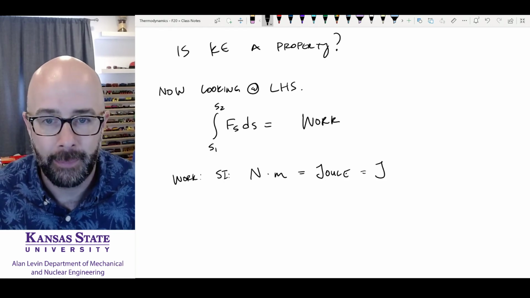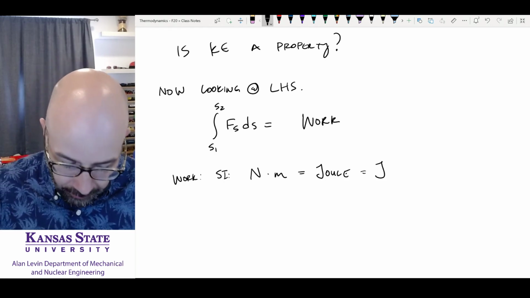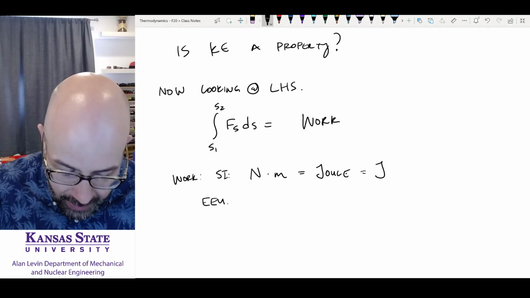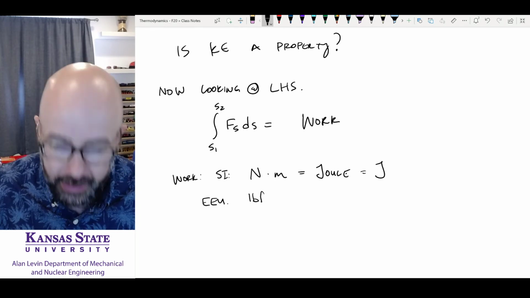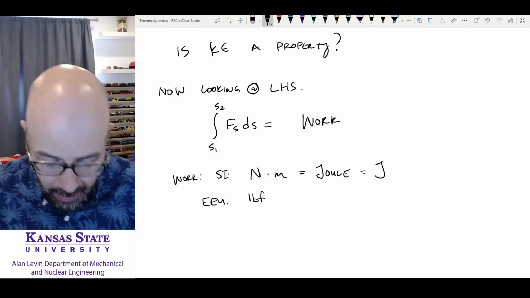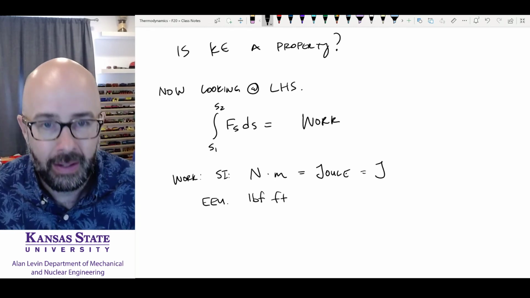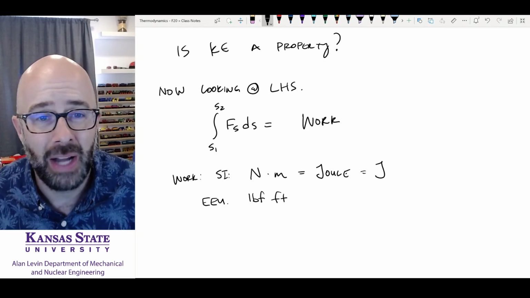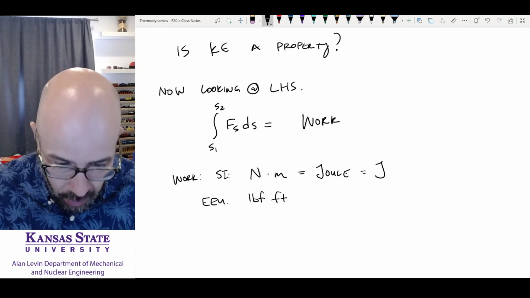That's in SI. Now, in English engineering units, our force is going to be in pounds force. Our distance is going to be in feet. Now, in English units, it's not going to be that simple. We're going to have to convert.